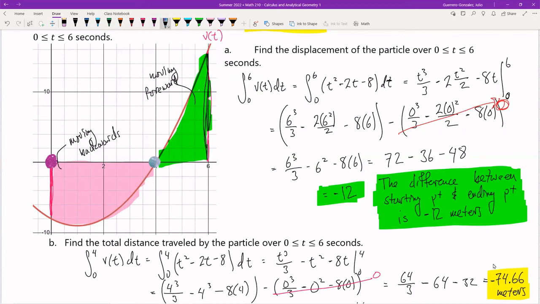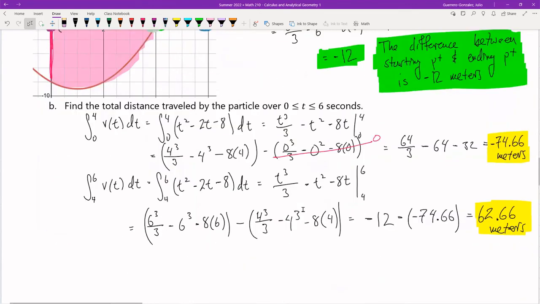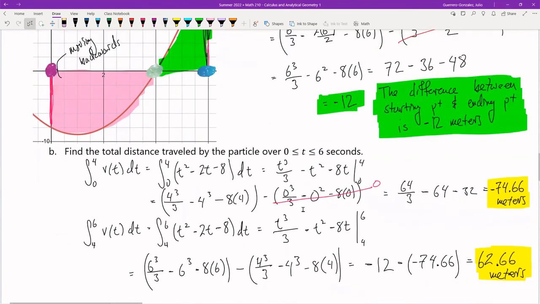And then from 4 to 6, the particle did an about face and started moving in the positive direction. And that distance is the 62.66 meters.